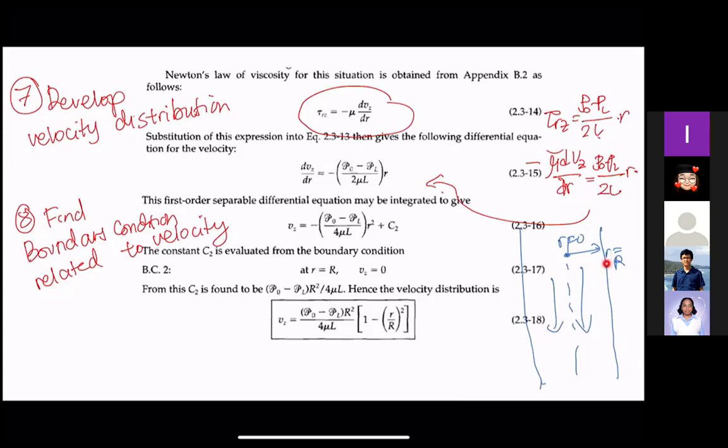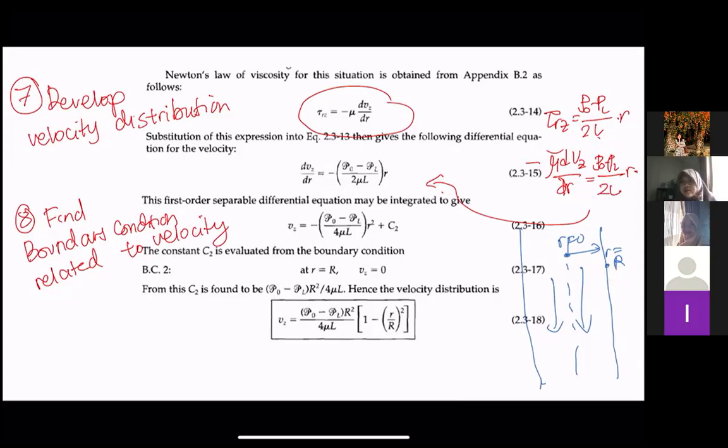Okay, so Fatia says that the velocity on the wall, the inside wall, is 0. Do you agree? Anyone? Would you agree? Christian, what do you think?